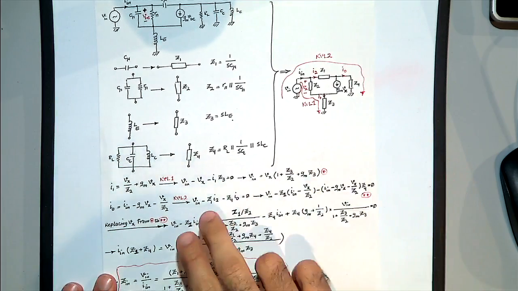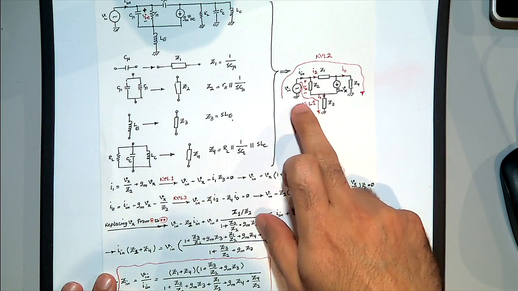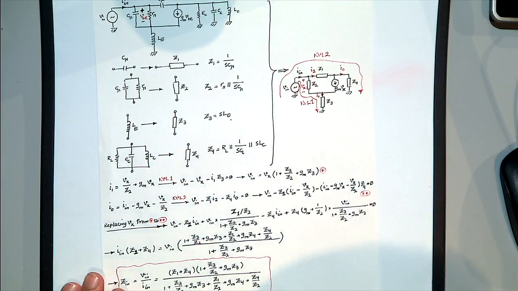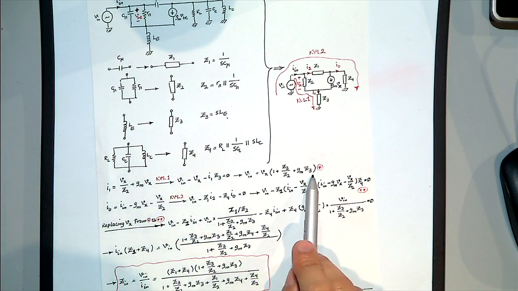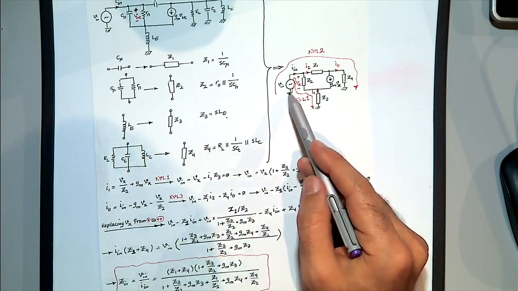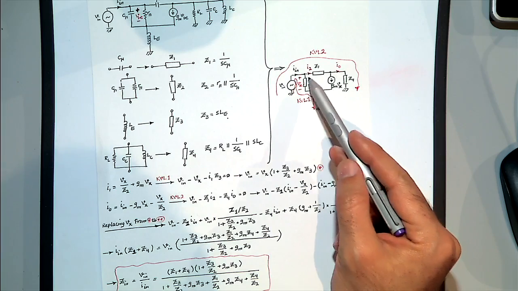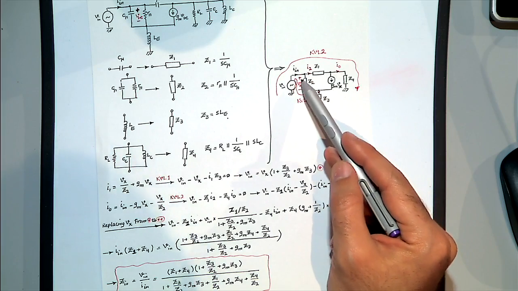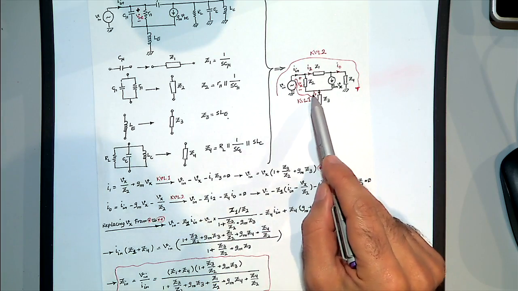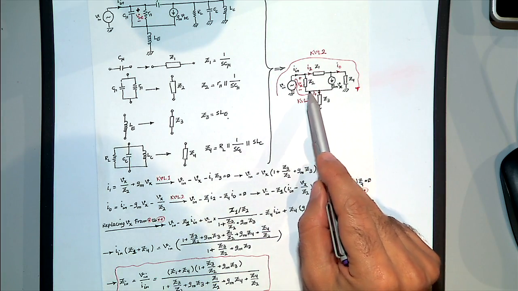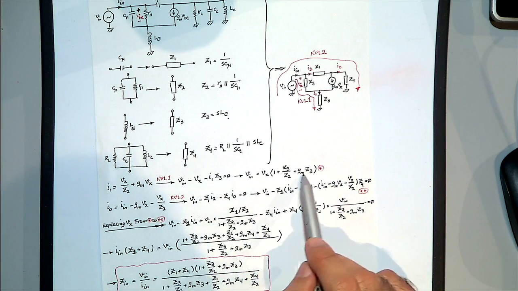Okay. So I write down one KVL in the first part, and based on this KVL, V in minus Vx plus the current that we have here, I1, minus I1 Z3 equals 0.